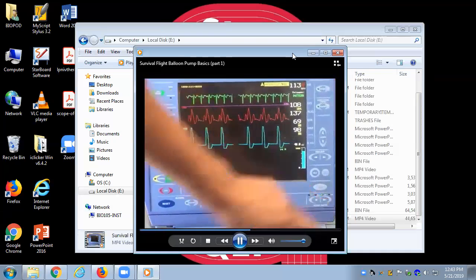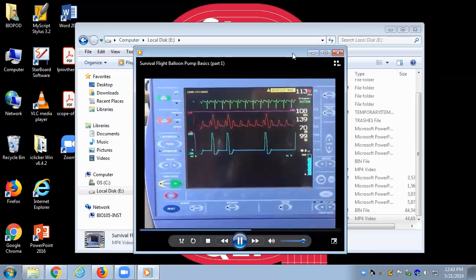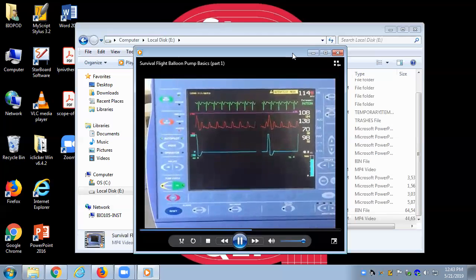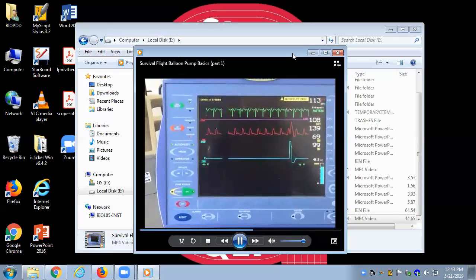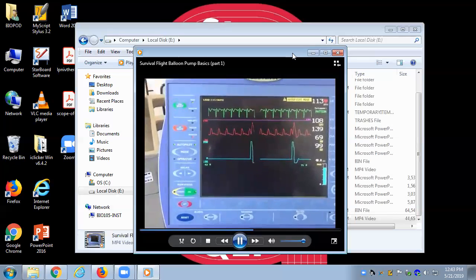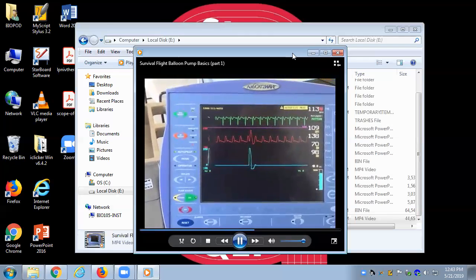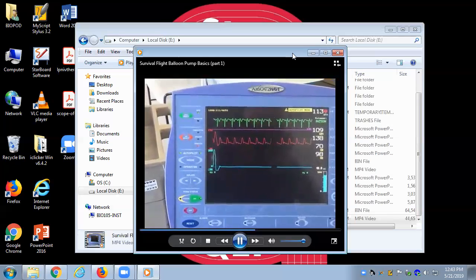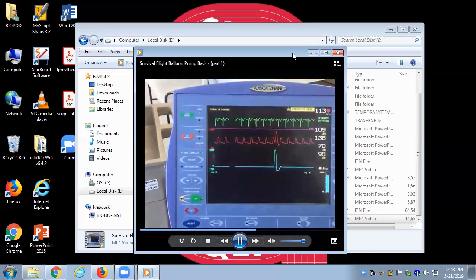You can do 1-to-4, or even a 1-to-8. So if we have a patient on, say, another device like an Impella and a balloon pump, the Impella is going to be doing all the work. The balloon pump's not going to be doing much, but we don't want the balloon to clot inside the aorta, so we just want it to inflate and deflate every once in a while, so we keep it at a 1-to-8 ratio.